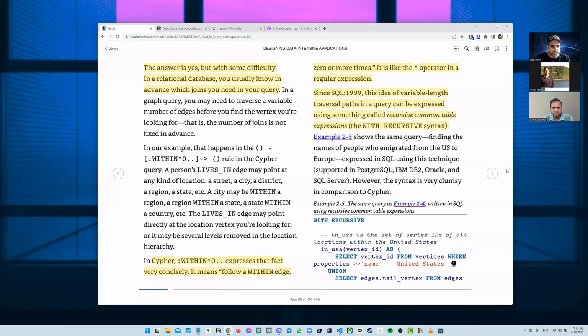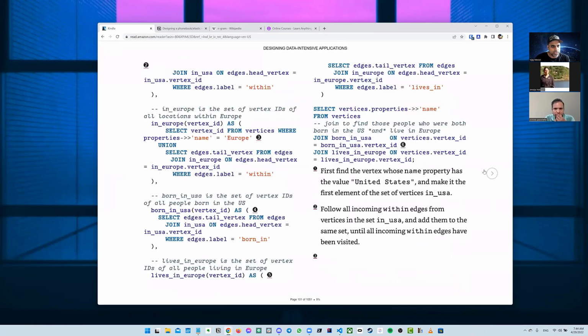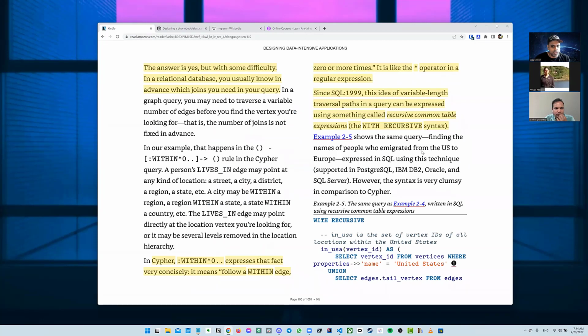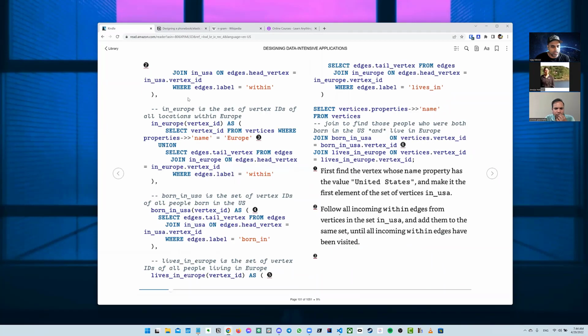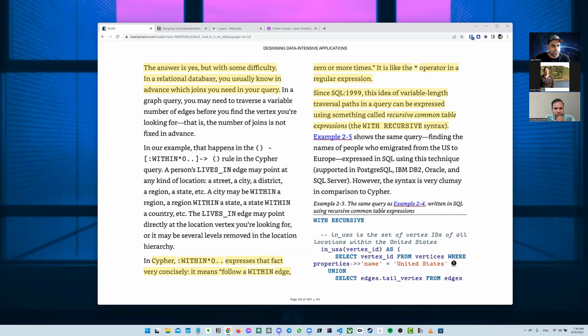To finish this chapter out, there are just some more examples here in SQL of how you could search graphs for the same information, but it's longer in terms of what you have to write, and you have to be very careful with your SQL syntax. So it's difficult in a relational database.